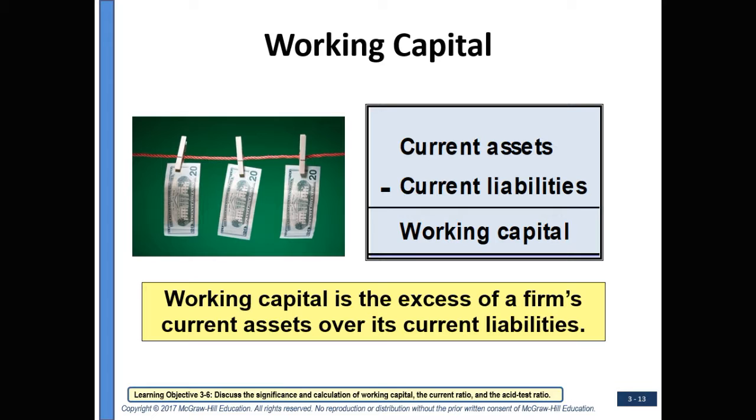Let's begin by looking at working capital. Working capital is calculated by subtracting current liabilities from current assets. It is the excess dollars of a firm's current assets over its current liabilities.